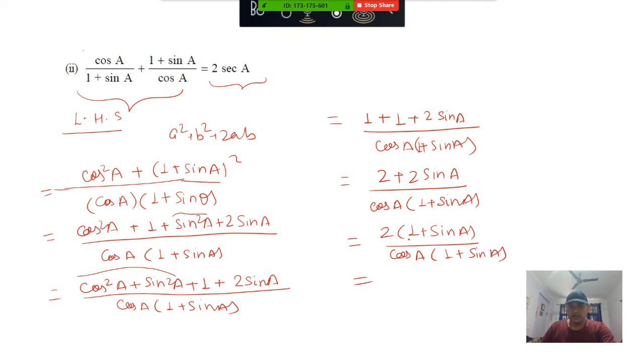So this 1 plus sin a, 1 plus sin a gets cancelled, and here you get the result as 2 upon cos a, and 1 upon cos a is sec a, so this becomes 2 sec a. Clear?